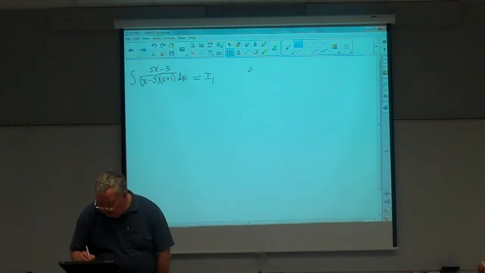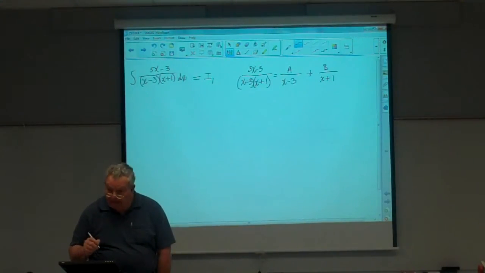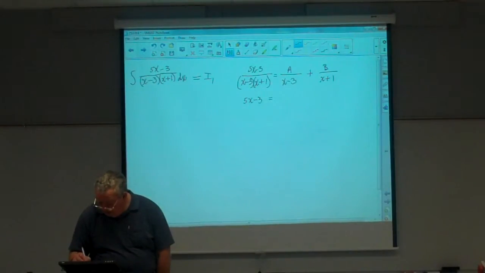So I take (5x minus 3) over (x minus 3)(x plus 1) is equal to a over x minus 3 plus b over x plus 1. So isn't 5x minus 3 equal to a times (x plus 1) plus b times (x minus 3)?